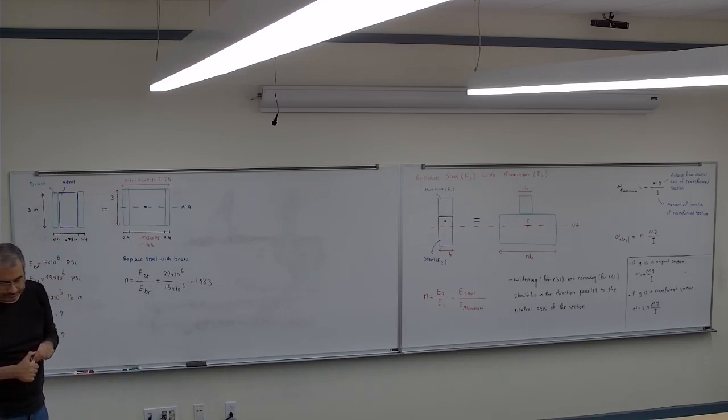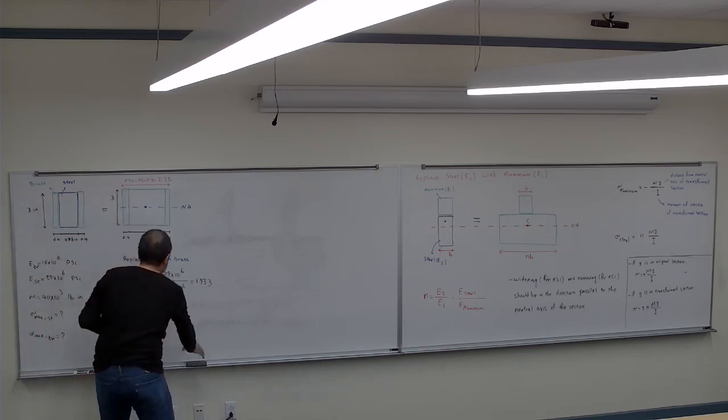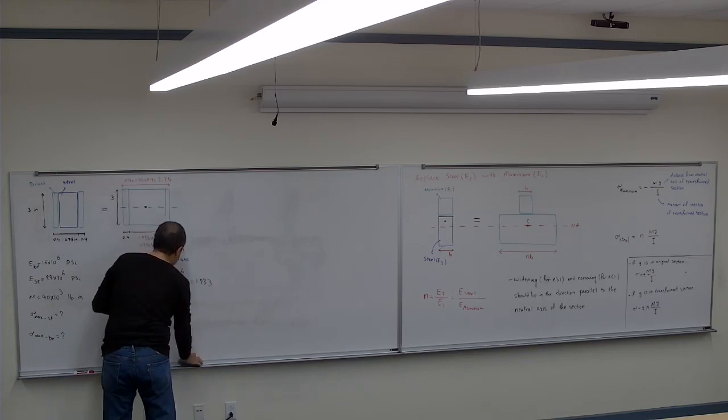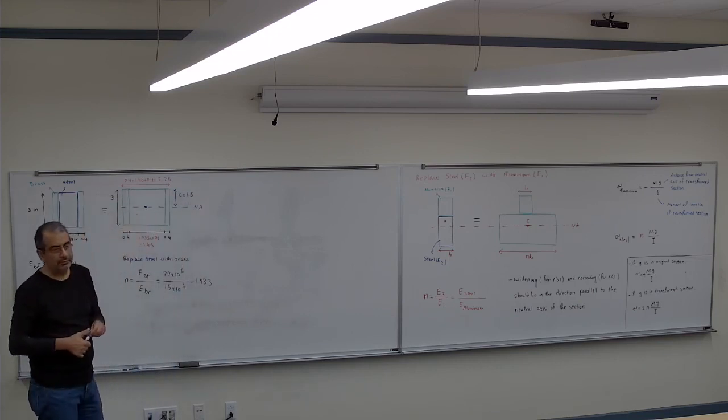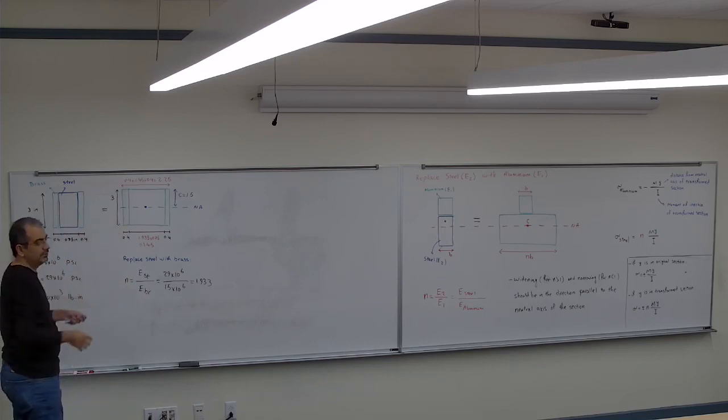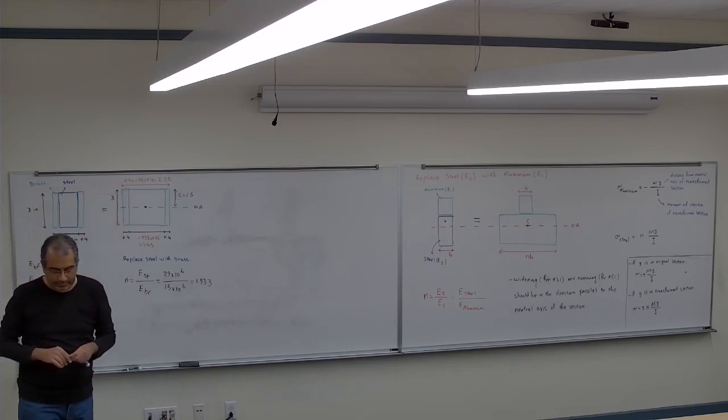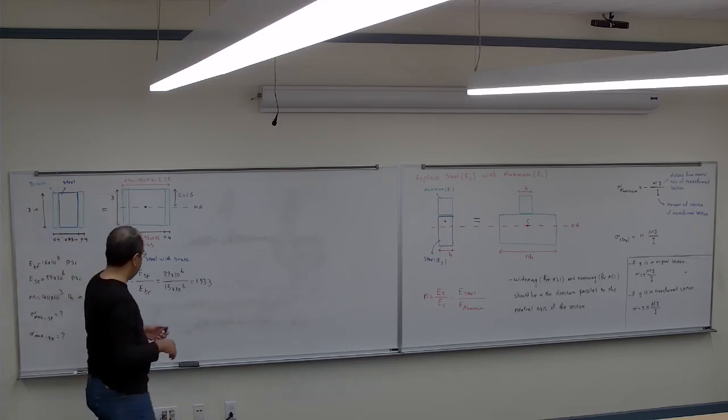And then how much would be the C? C would be 1.5, correct? For both of them, because of the arrangement, it's going to be 1.5.